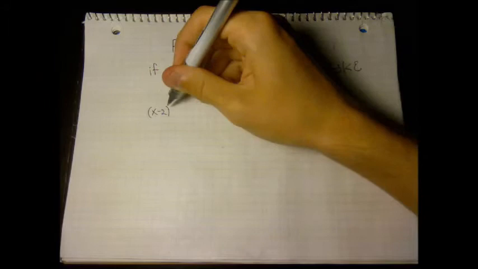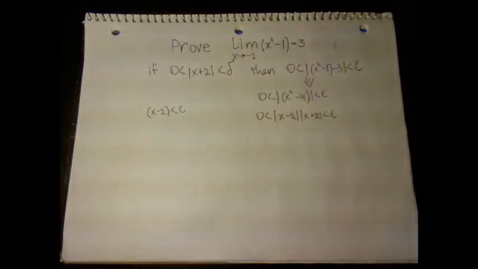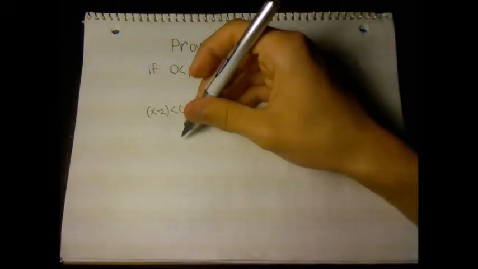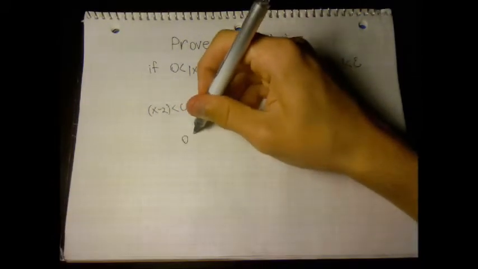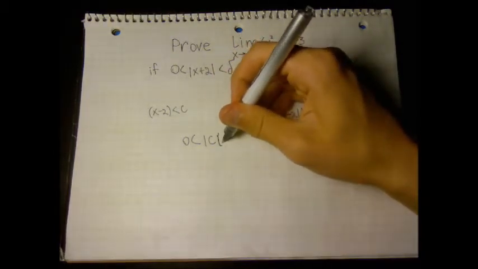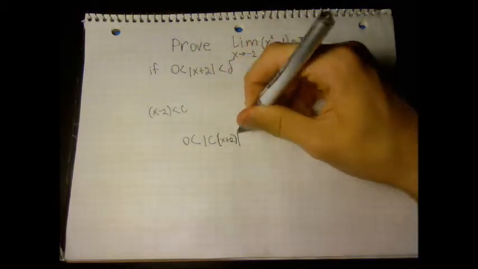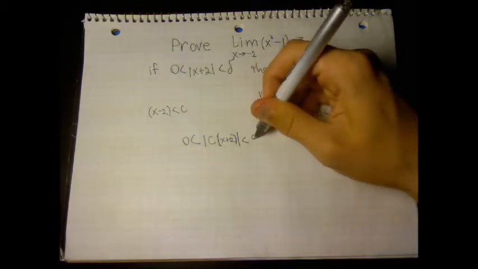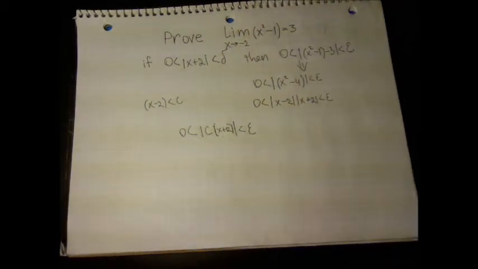That's why let's say that x minus 2, the term that is redundant in this case, is less than c, where c is just any constant, any value, or simply another unknown variable. This enables us to rewrite the inequality that we have to prove for epsilon in such a way that c multiplied by x plus 2 will be less than epsilon.